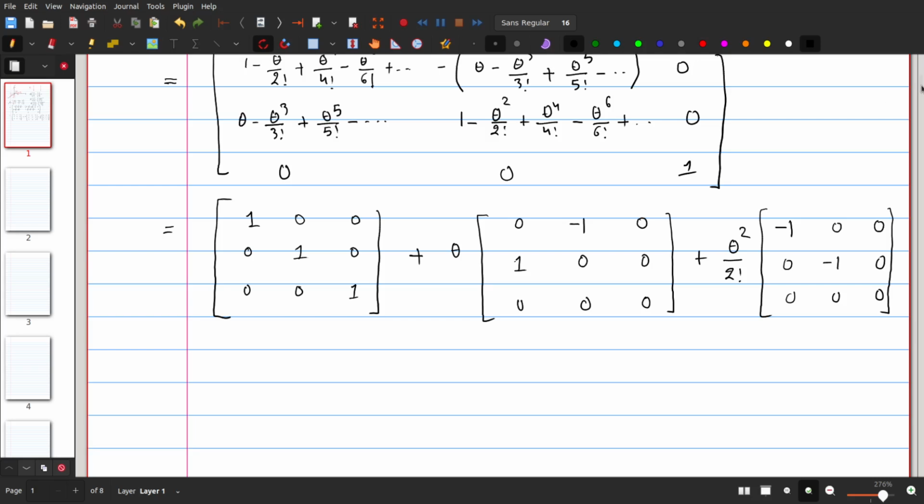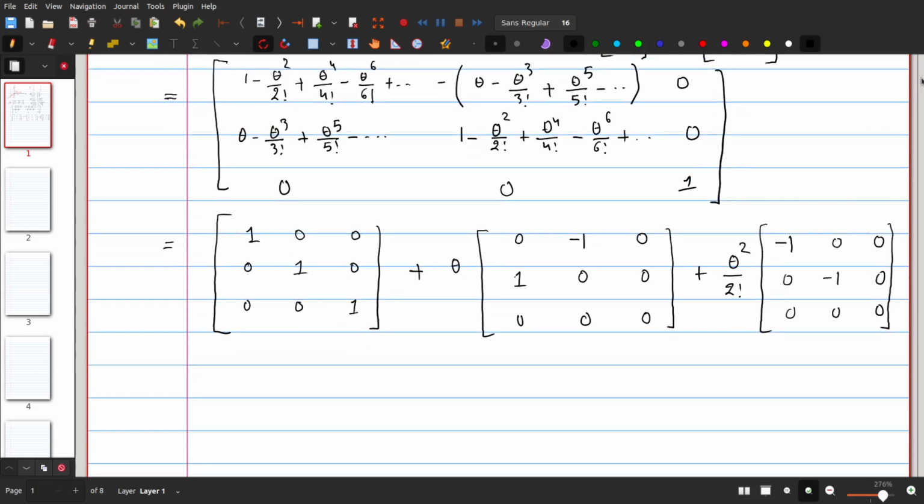Then we consider the coefficient of theta cube by 3 factorial. In the 1 1 term, it is 0. In the 1 2 term, it's 1. Then we have 0. In the 2 1 term, it's minus 1.